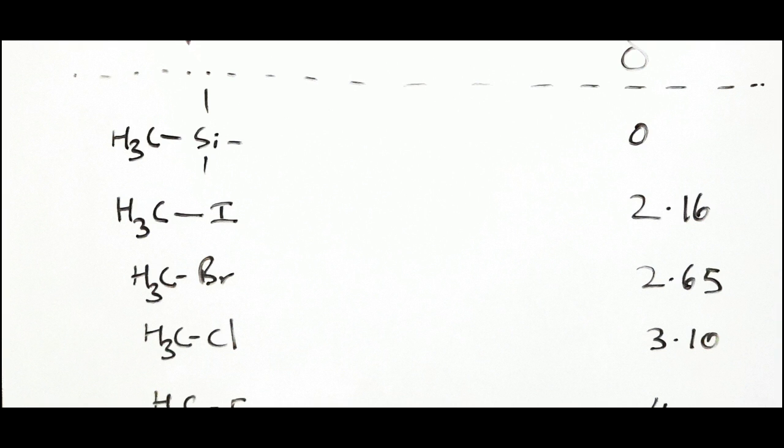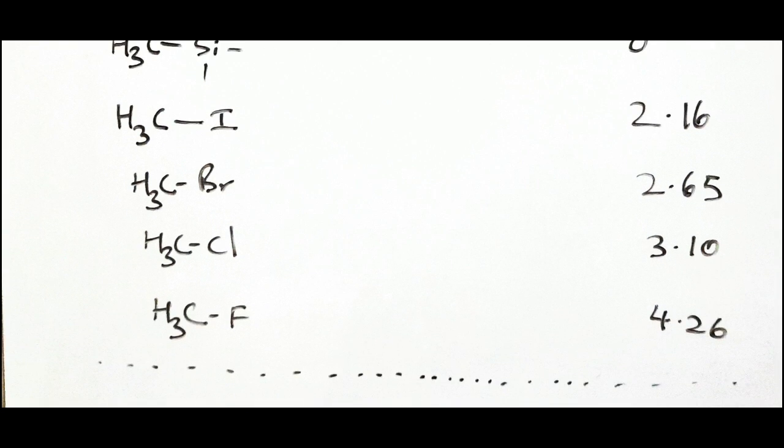So when you put an iodine atom in the place of a hydrogen, the electronegativity of iodine influences the chemical shift value. So the protons of methyl iodide appear at 2.16 parts per million.